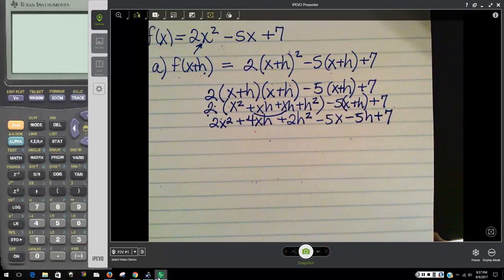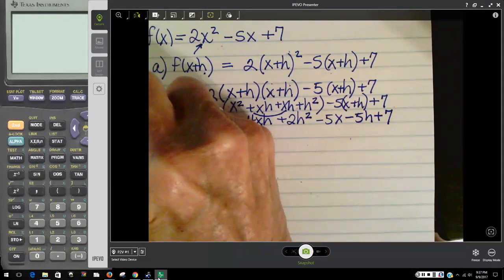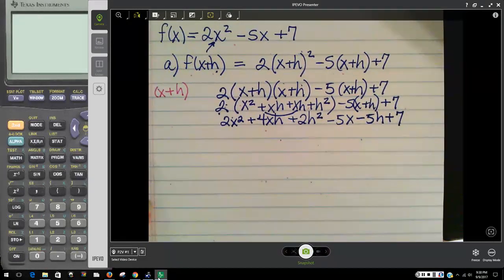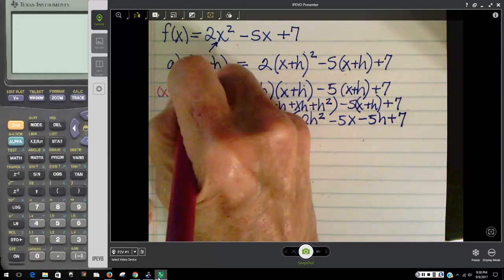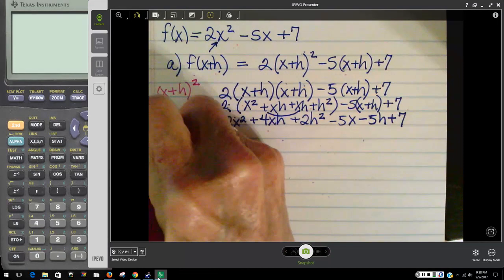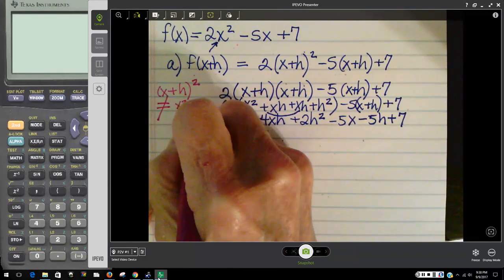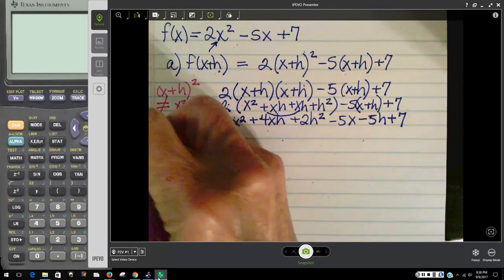Now the thing I'm going to caution you about here: x plus h squared does not equal x squared plus h squared. This is very important.